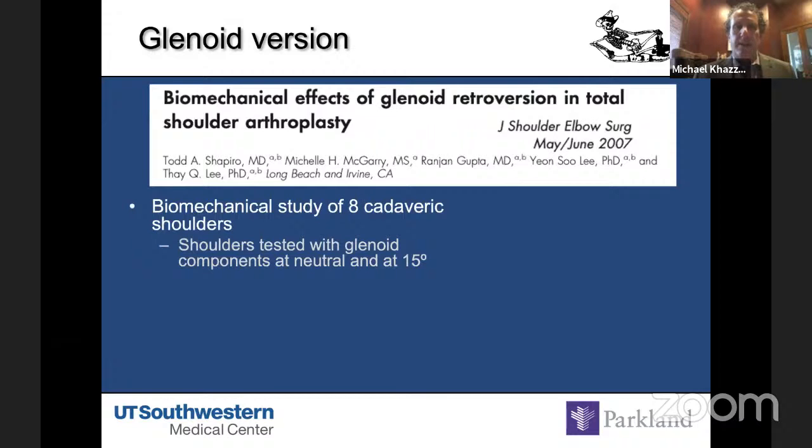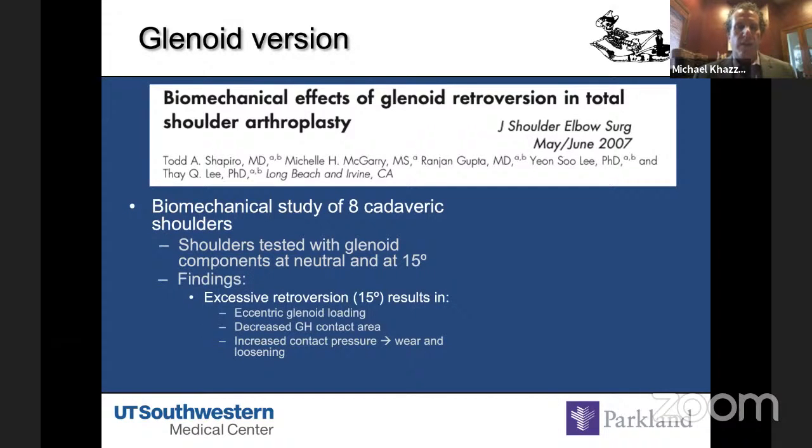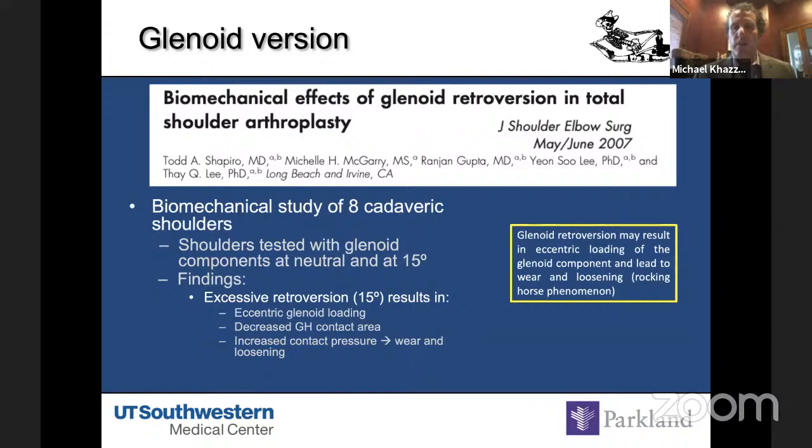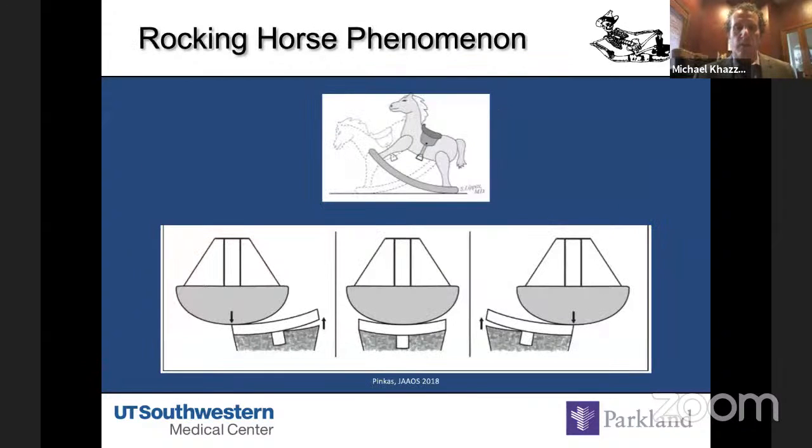Similarly, a biomechanics study of glenoid retroversion and anatomic total shoulder arthroplasty found that components that were greater than 15 degrees resulted in excessive eccentric glenoid loading, decreased glenohumeral contact areas, increased contact pressure, wear, and loosening. So glenoid retroversion may result in eccentric loading of the glenoid component and led to wear, loosening, and the rocking horse phenomenon, which you can see what happens with edge loading.